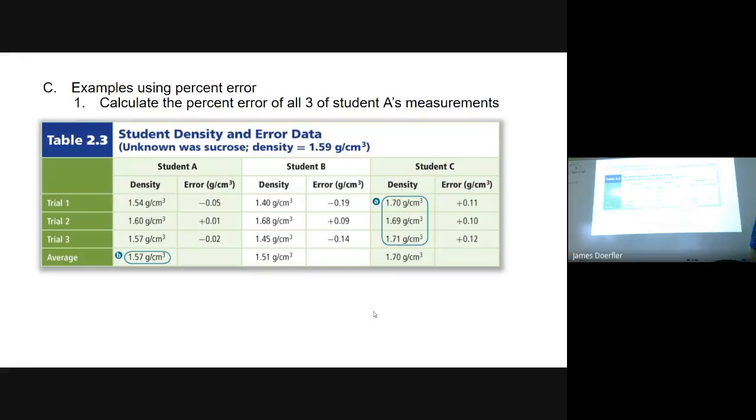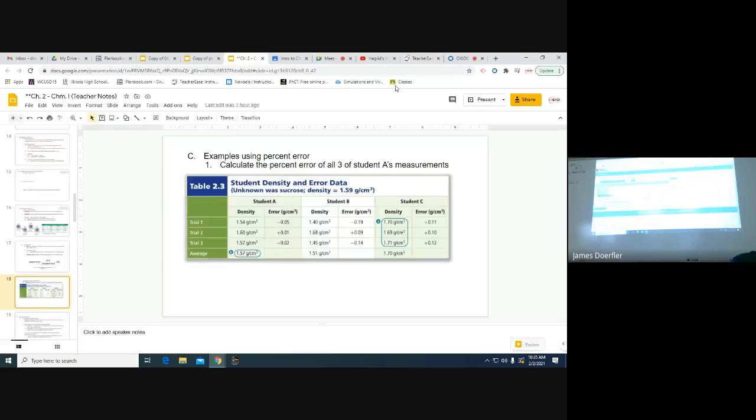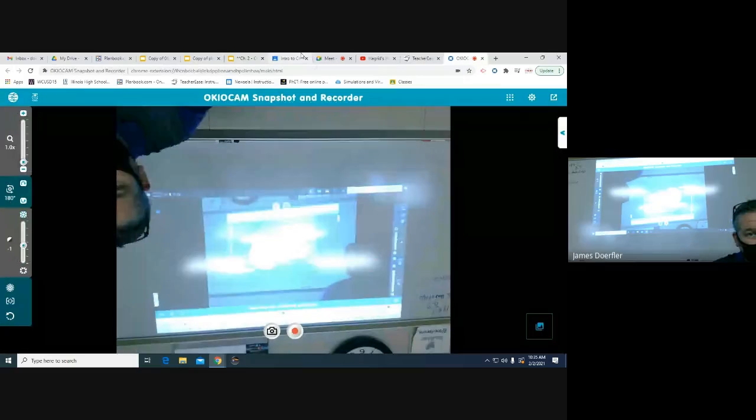So let's look at some practice questions here. We are to calculate the percent error of all three of student A's measurements. Okay, so we're going to look at trial 1, trial 2, and trial 3 of student A. So you're going to need to have your calculators out.